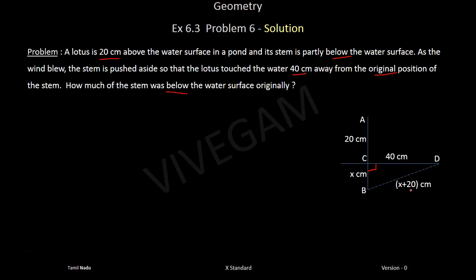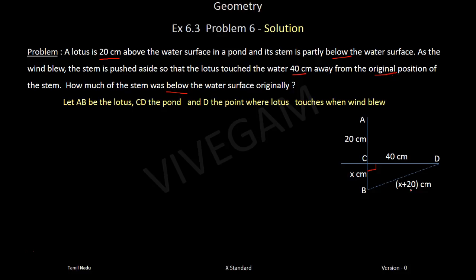You can pause the video here and try to work it out on your own and come back and check the working. Anyway, let me just go on. Let AB be the lotus and CD the pond, and D the point where the lotus touches when the wind blew. Let the length of the stem below the water be x centimeters.